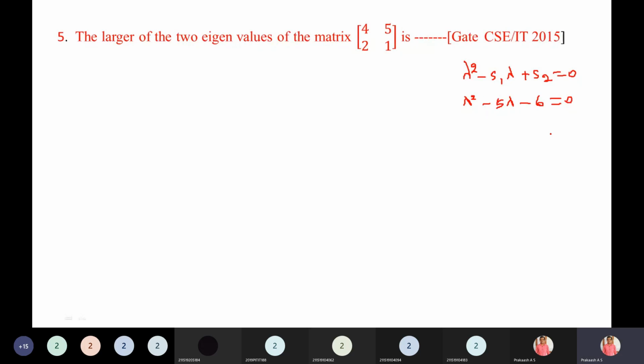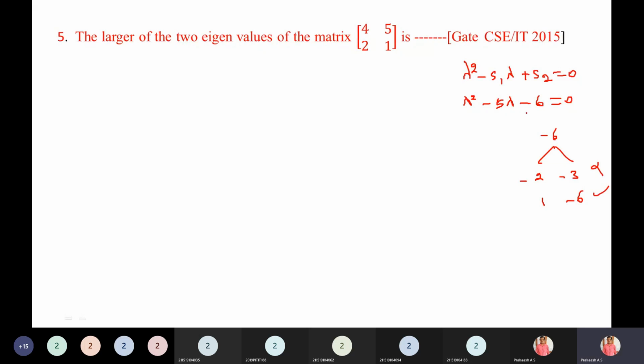So minus 6 factors: 2 and 3, or 1 and 6. If I take minus 2 and minus 3, the sum of minus 5 comes, but the product will not come. So that is not possible. If I take minus 6 and plus 1, the sum is minus 5 as well as the product minus 6.